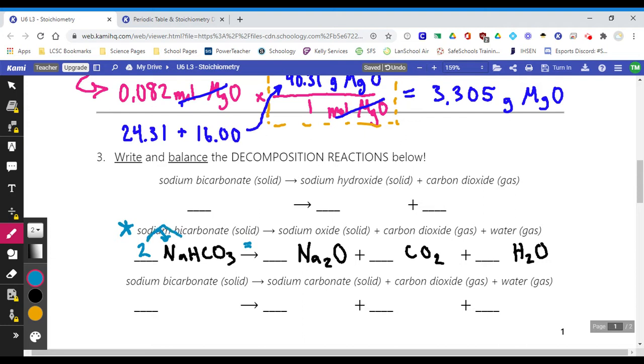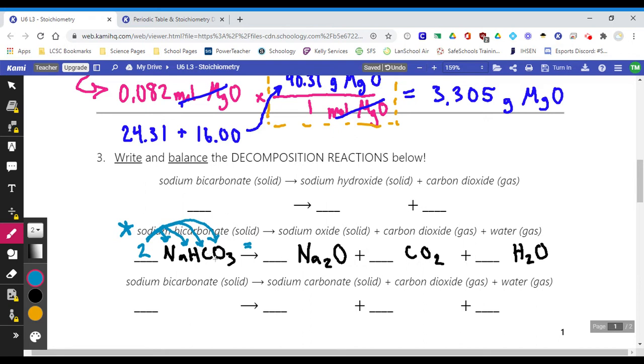I also have 2 H's, 2 C's, and twice as many oxygens here. So if I already had 3 O's, now I have twice that. That's going to be 6 O's. Okay, so that's going to affect the rest of my balancing from here on out. So since I have 2 sodium bicarbonates, that's 2 Nas, H's, and C's, and 6 O's.